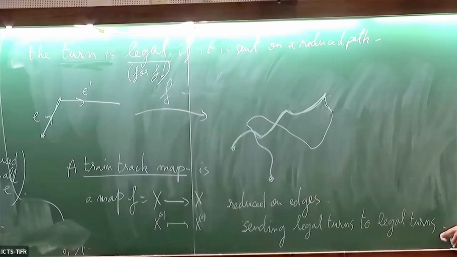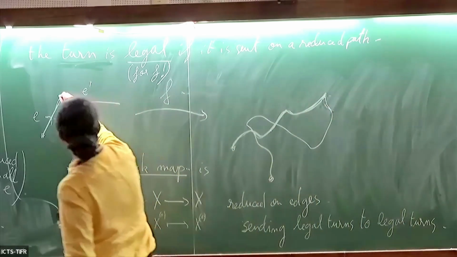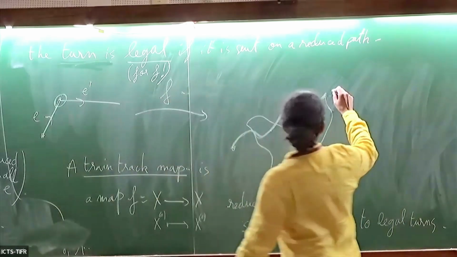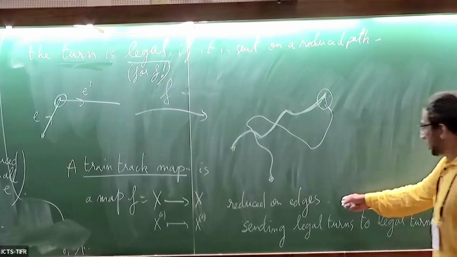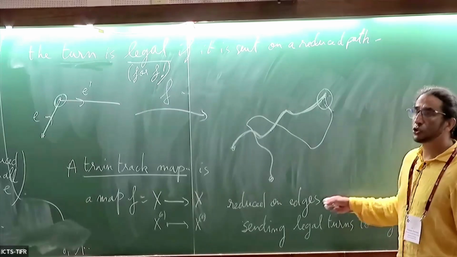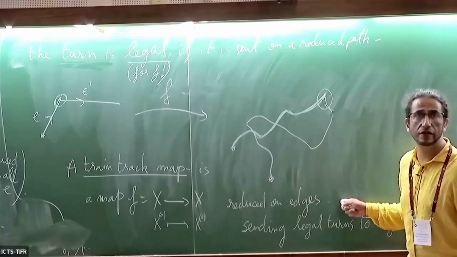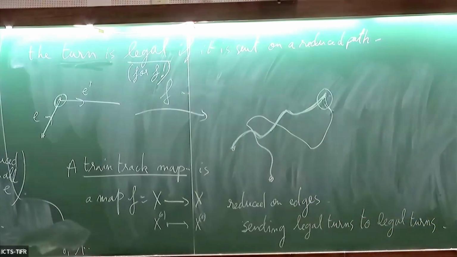But here I wanted to highlight where this is occurring. That means that this place is legal for F implies that this place will be legal for F. This turn will be legal for F. And I said I don't want to see any new illegal turn. I want to add that edges not only are sent to reduced paths, but to legal paths.